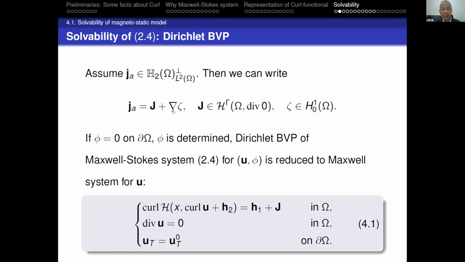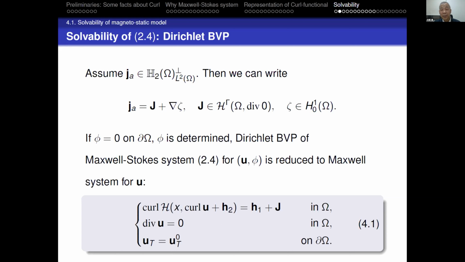Plugging this back into the equation, you can solve for phi. So in this special case, when J is independent of U, you can determine phi and reduce everything to only one equation for U. Then we have this kind of equation, and we call it the Maxwell system or Maxwell-type equation.